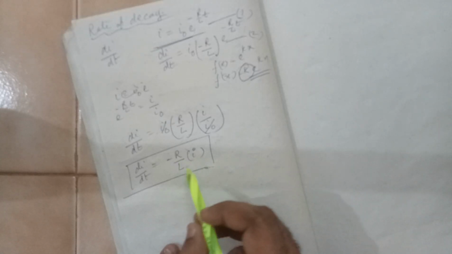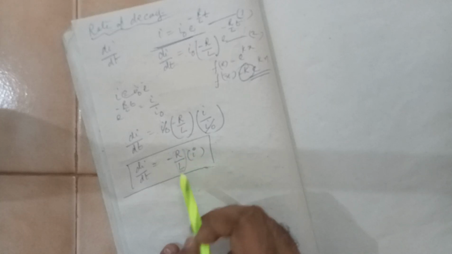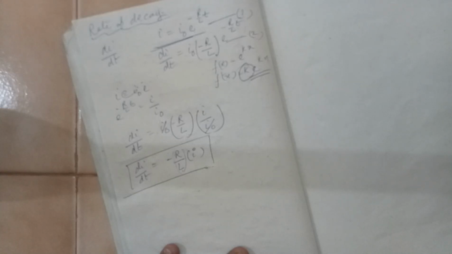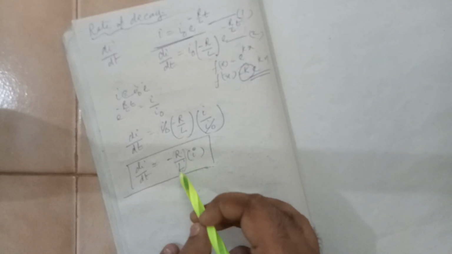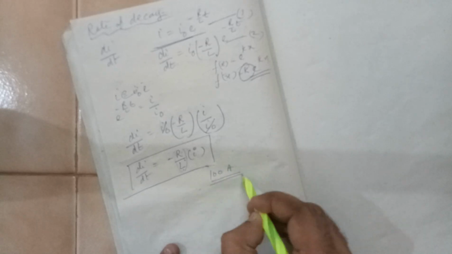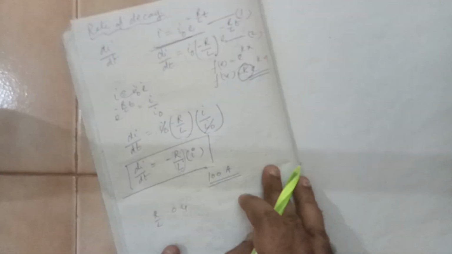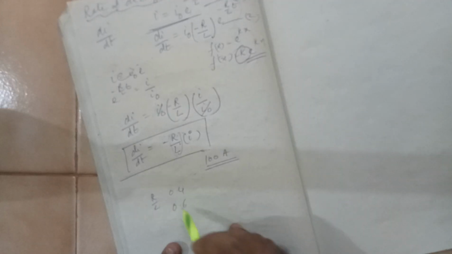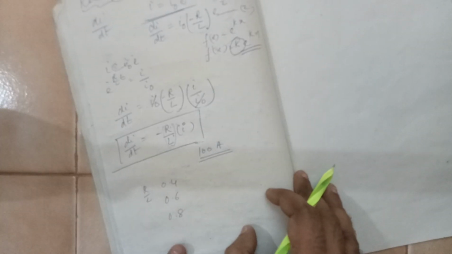What does this minus indicate? There is a decrease. How much it will decay will depend upon this R by L value, which is the inverse of the time constant. Let us say 100 amps current was there. R by L values, for one circuit it is 0.4, for another it is 0.6, another it is 0.8.